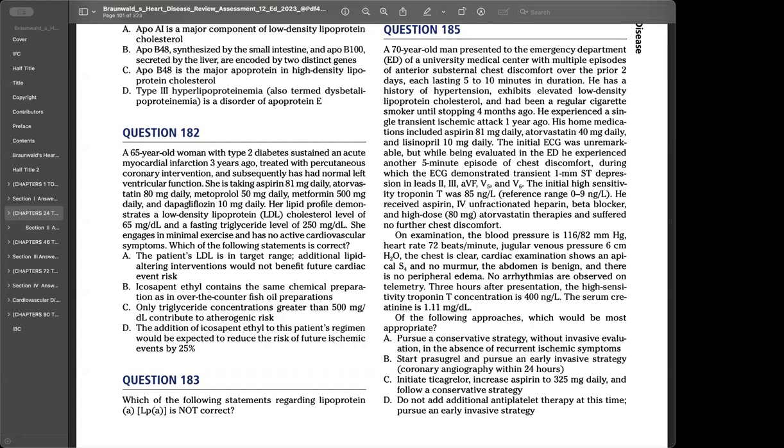But if it's not STEMI, you are not sure, and you don't have a baseline troponin of the patient, they talk about demonstration of an elevation from a baseline, or a reduction from the baseline.